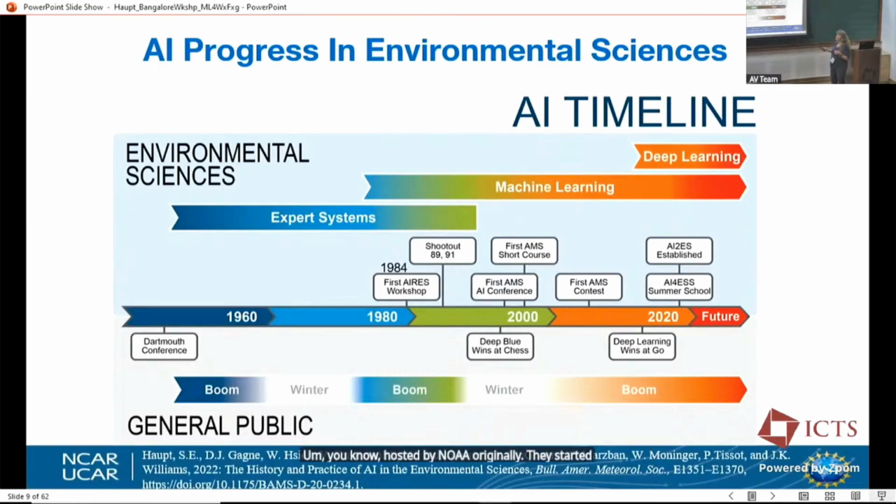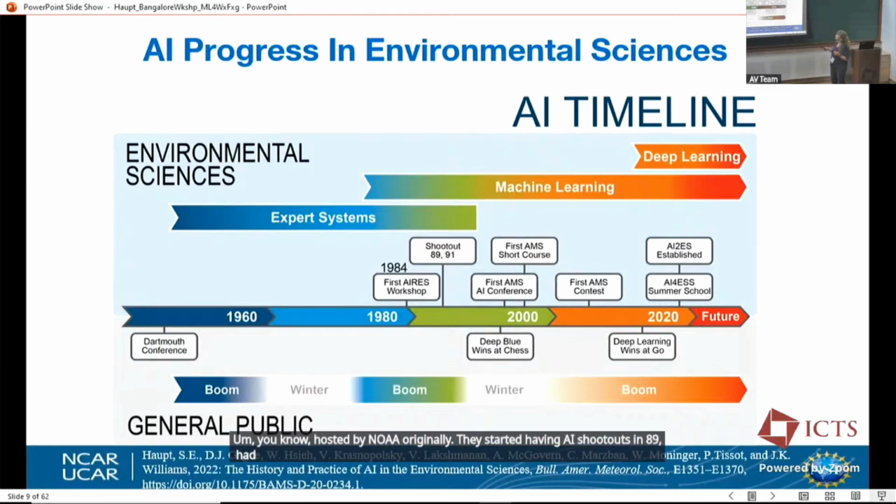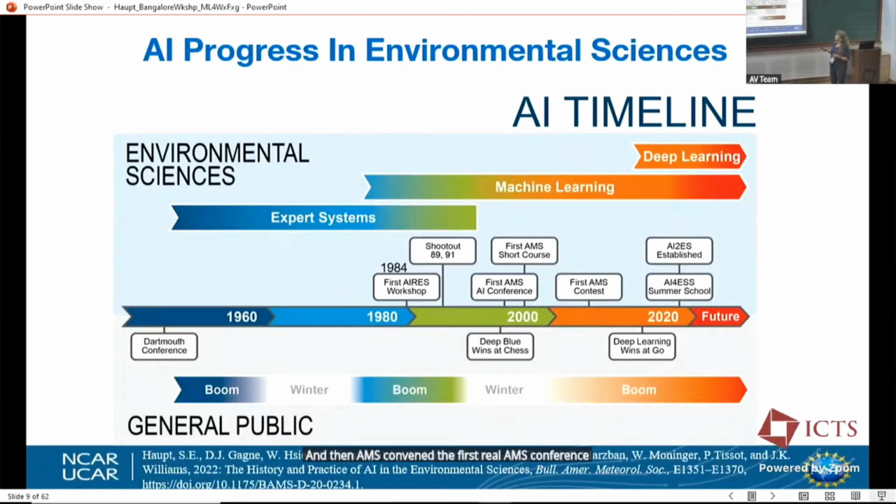They started having AI shootouts in '89, had another one in '91, and then AMS convened the first real AMS conference in the late '90s, and held the first short course in around 2000.